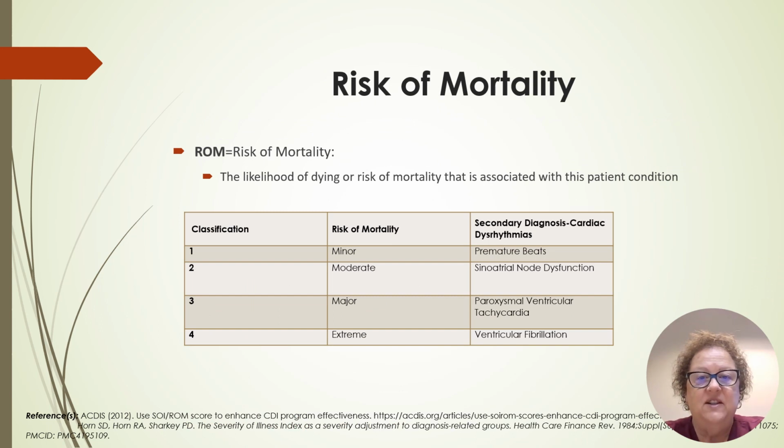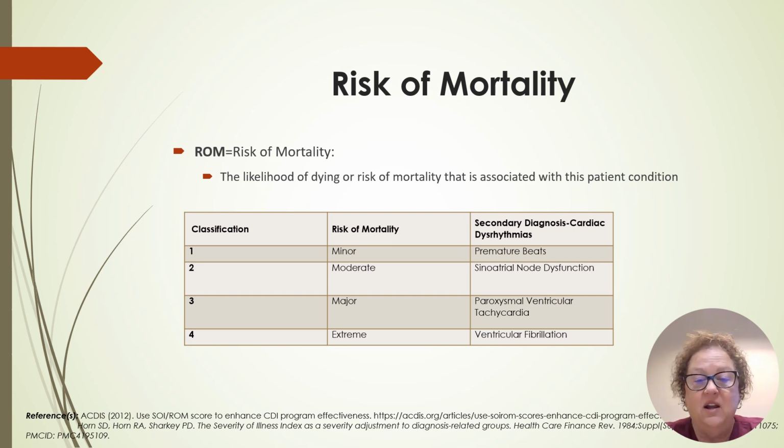So let's go into the discussion of ROM, or risk of mortality, which is the likelihood of dying or risk of mortality associated with this condition. So for instance, classification 1, minor, would be a patient with premature beats, and this is for cardiac dysrhythmia. Classification 2, moderate risk of mortality, would be having a sinoatrial node dysfunction.